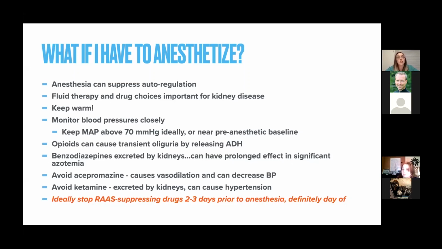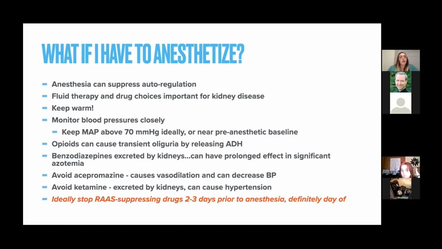But that's low for their kidneys. So we need to be mindful of that. If the situation allows, get a blood pressure prior to anesthesia so that we can keep their blood pressure while under anesthesia as close to their normal as possible.